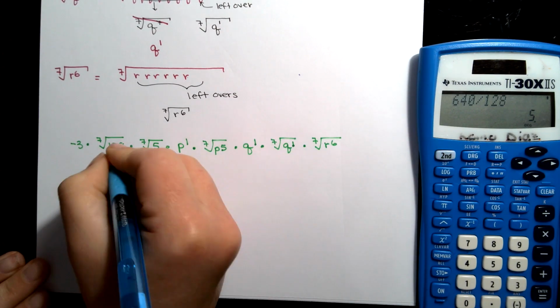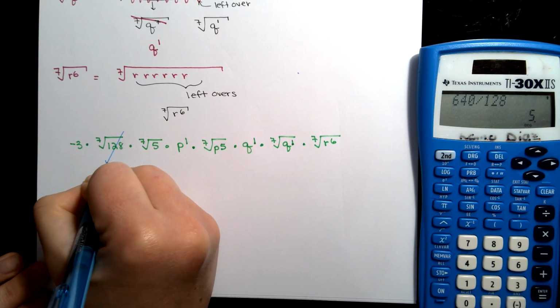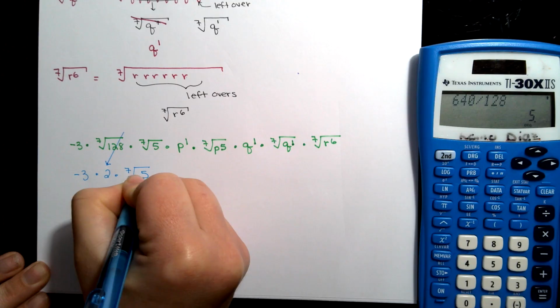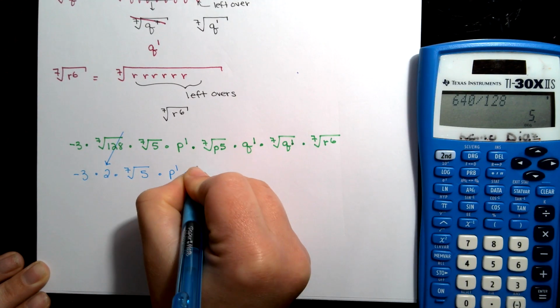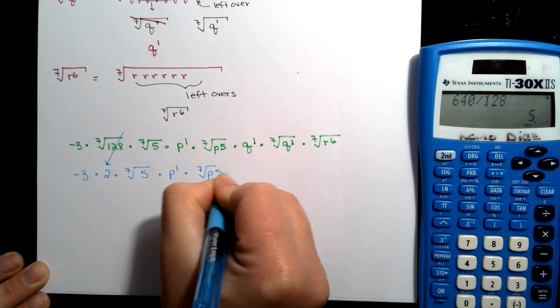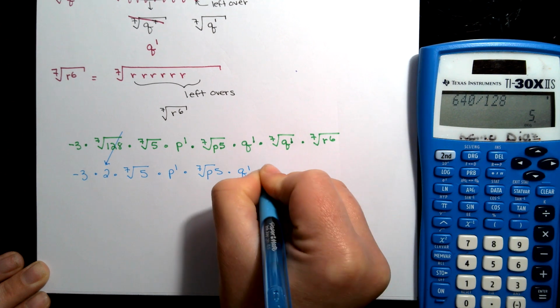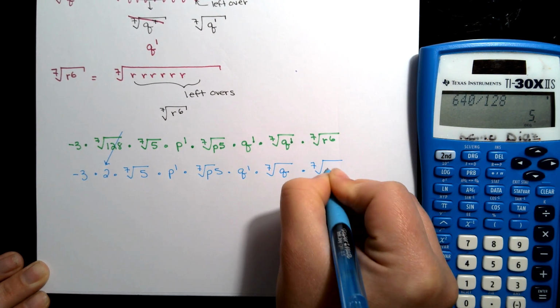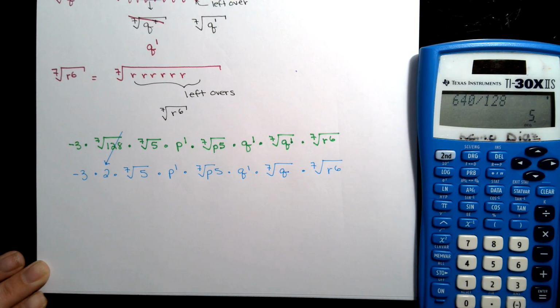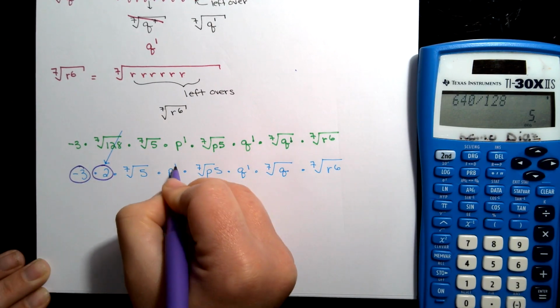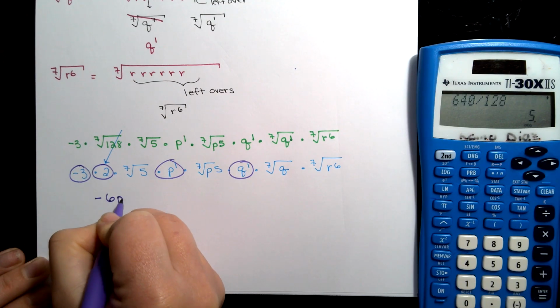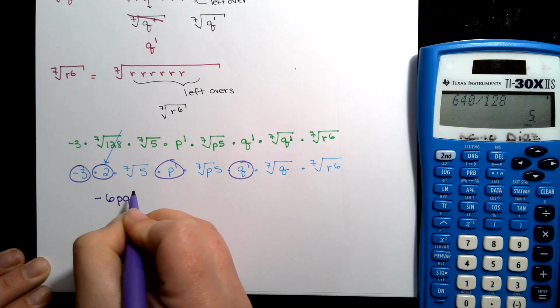Now we do know what the 7th root of 128 is. That is 2. Keep the 7th root of 5. We got p to the first power, 7th root of p to the 5th power, q to the first power, 7th root of just q to the first power, times 7th root of r to the 6th power. Everything not inside the house needs to be multiplied together. So we get negative 6p to the first power, q to the first power.